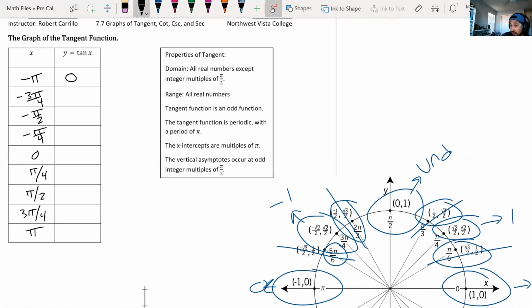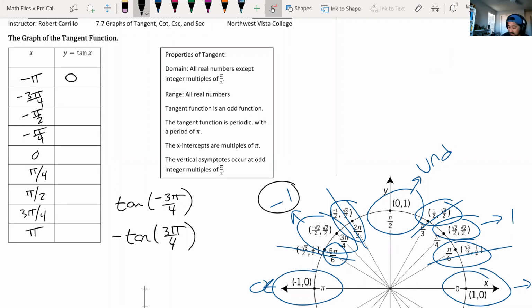Tangent at negative 3 pi over 4, well, before we get into that, remember that tangent is odd. So you can rewrite tangent of negative 3 pi over 4 as the negative tangent of 3 pi over 4. Well, what is the tangent at 3 pi over 4? It's -1, but what's waiting on the outside? The negative again, so it'll be 1.